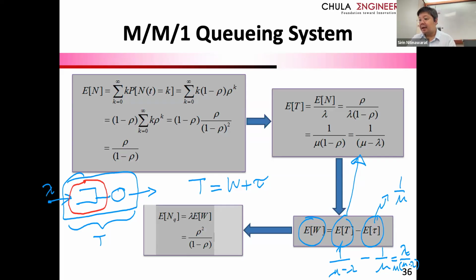If you apply Little's formula only to this subsystem of the MM1 queuing system, the resulting number of customers will only be the number of customers in the queue, excluding the number of customers being serviced. So the relationship for Little's formula applied to the queue only will be that.